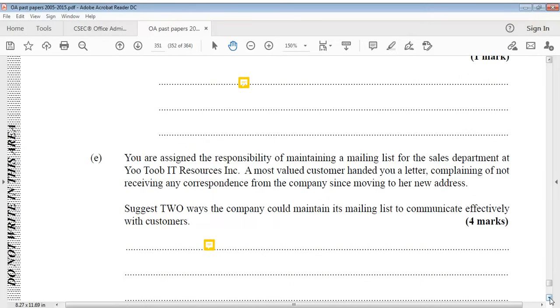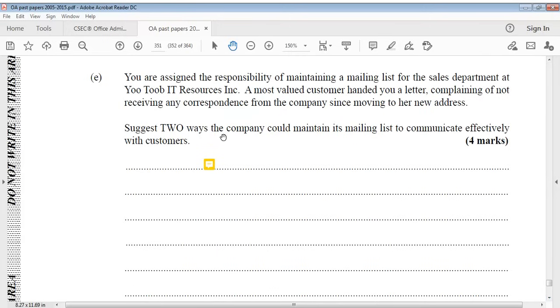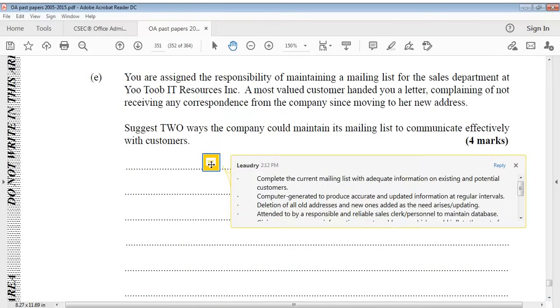So you know you have to give some explanation here. 4 marks. So let's look at two ways we could suggest. One, complete the current mailing list with adequate information on existing and potential customers. You could expand on that in detail.